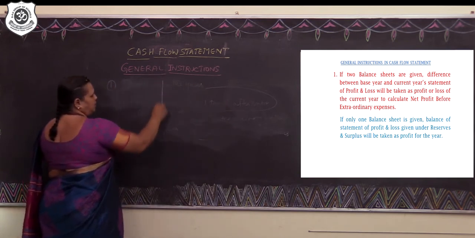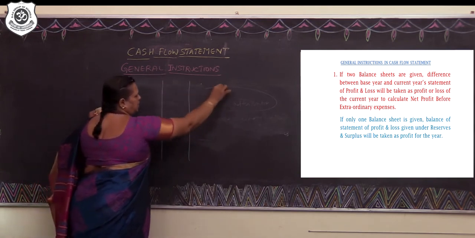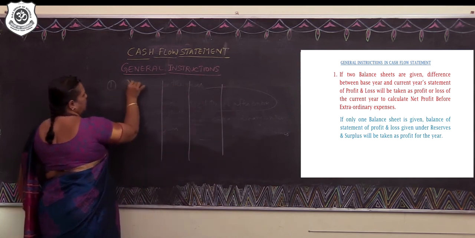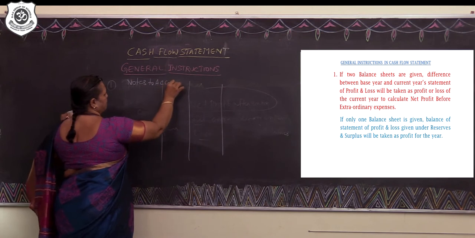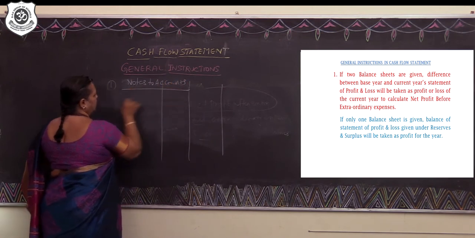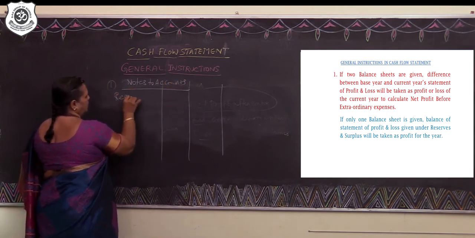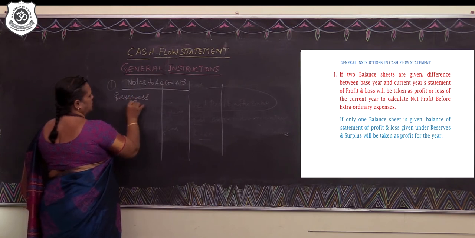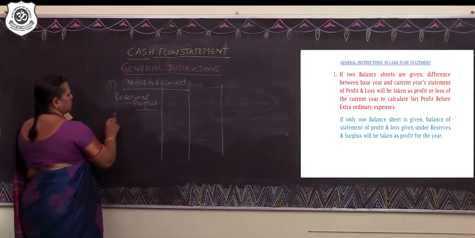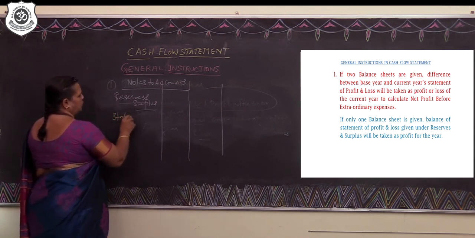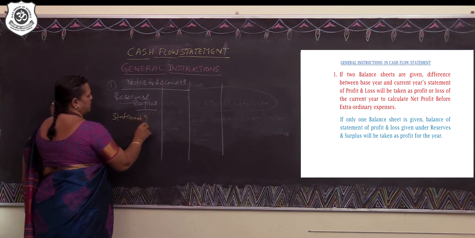You are given a financial statement. You are given the notes to accounts. In that, you have reserves and surplus. In that, you are given statement of profit and loss.